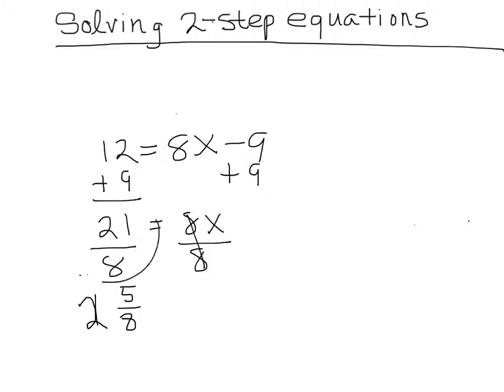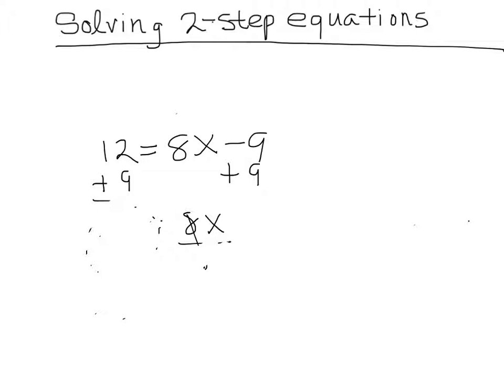But really, the answer 21/8 is perfectly adequate because in Algebra 1, we allow the use of improper fractions. As a matter of fact, they're quite useful sometimes. So, anyway, as you can see, it's perfectly okay to get an answer that is not an integer. And everything still works the same.